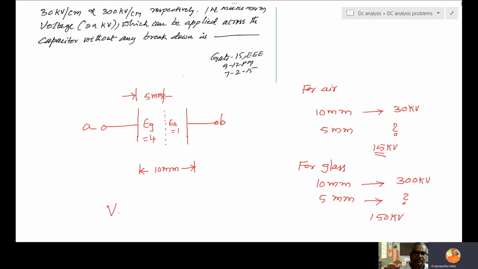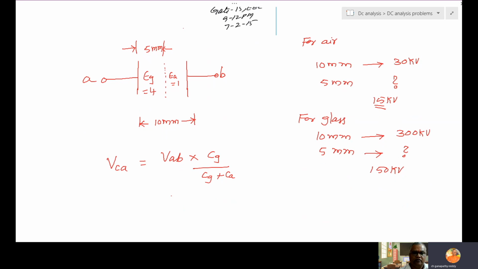That means VCA is equal to VAB into CG by CG plus CA. But VCA is 15 kV, and VAB we have to find.